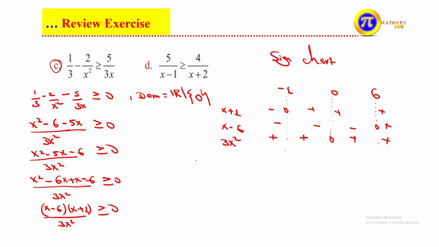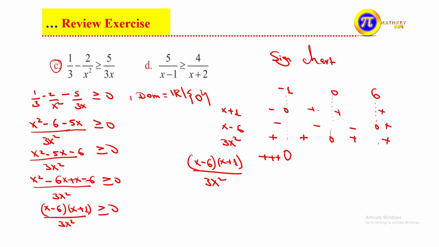Next we take (x - 6)(x + 1) divided by 3x². Starting with the first region: negative times negative is positive, positive divided by positive is positive. At negative 1: 0 times negative is 0, and 0 divided by positive is 0.